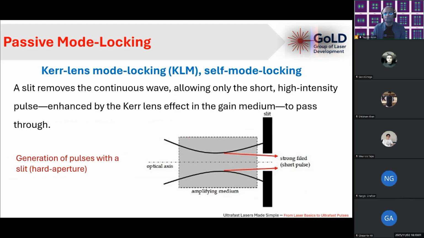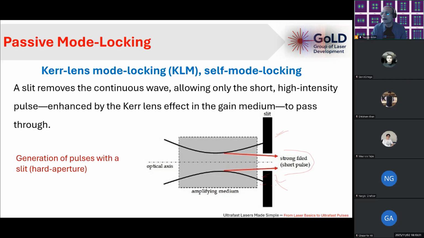Now here they show why we need to put the slit. Simply to block the weaker region; we only need the central portion which is self-focused. So the outer portion is blocked, and the light that passes through the aperture is the intense one, the mode-locked one.